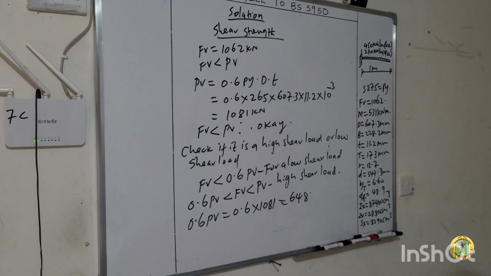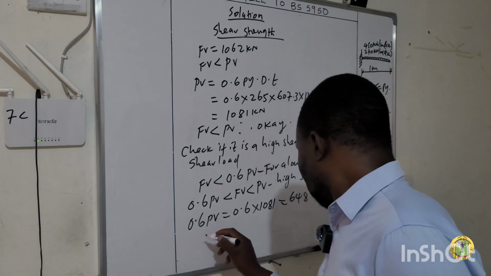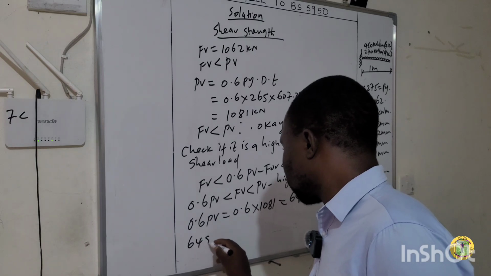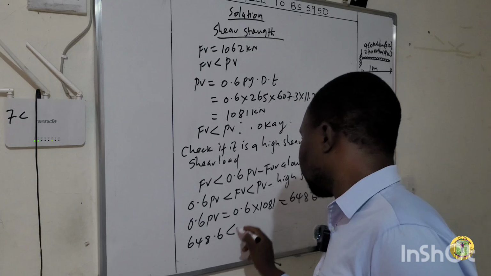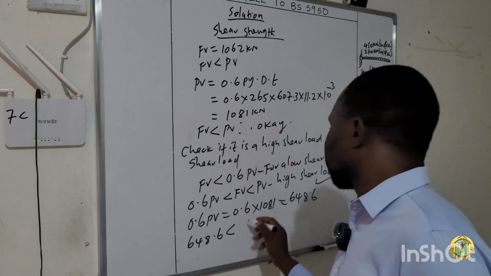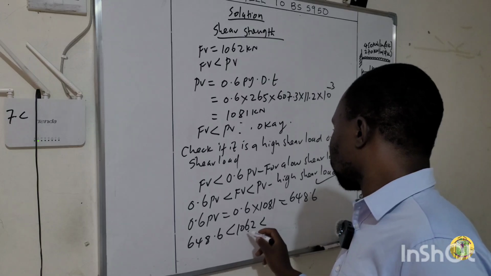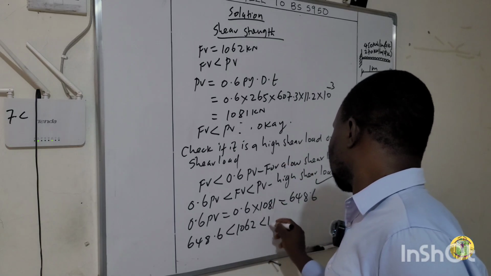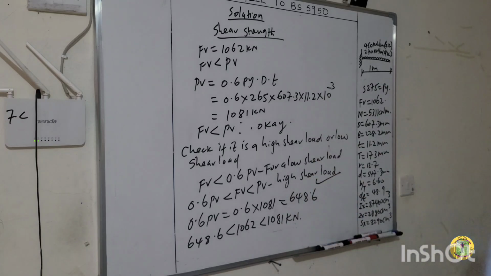Therefore, it is a high shear load. As you can see, 648.6 is less than FV, which is 1062, and 1062 is less than PV, which is 1081 kilonewton.